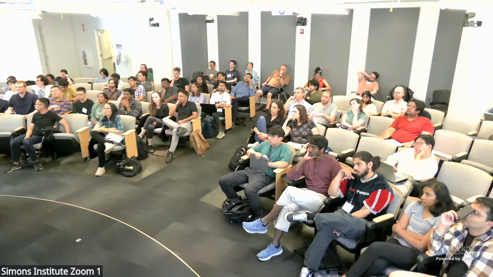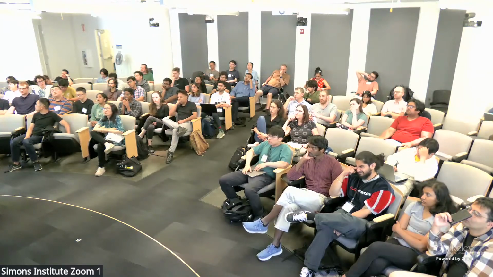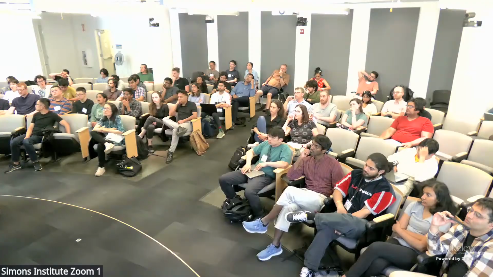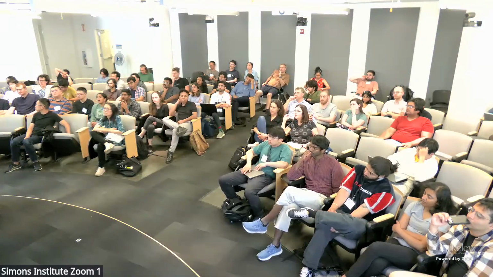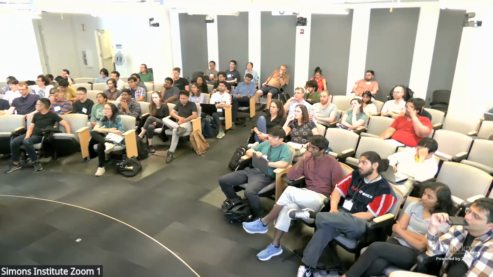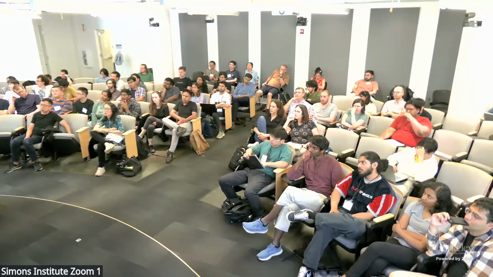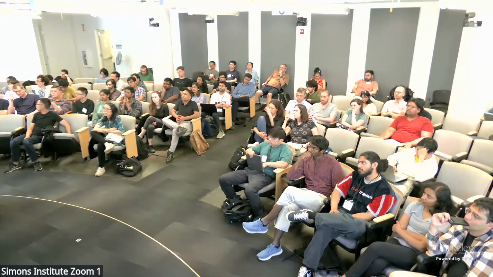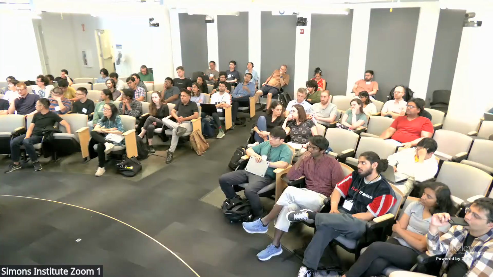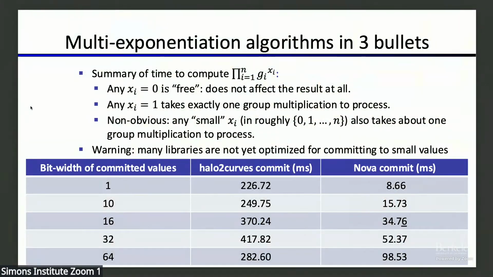One thing I want to tell you about during this talk is how important it is to only commit to small values. The importance of this has actually been established for a couple years already, but I think people are still not quite fully aware or appreciating of this. I'm hoping that this talk helps a bit.